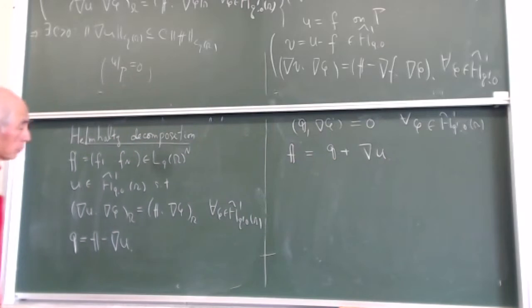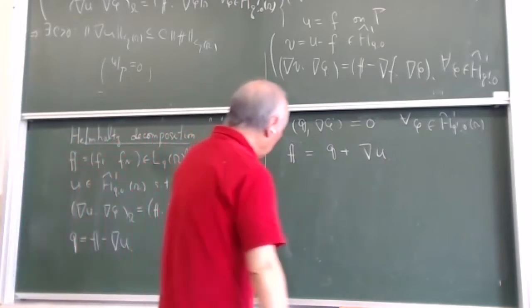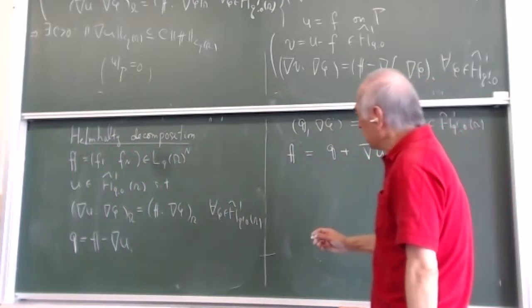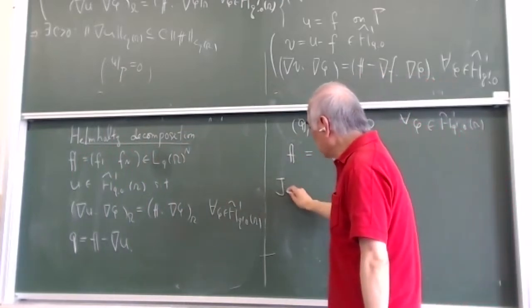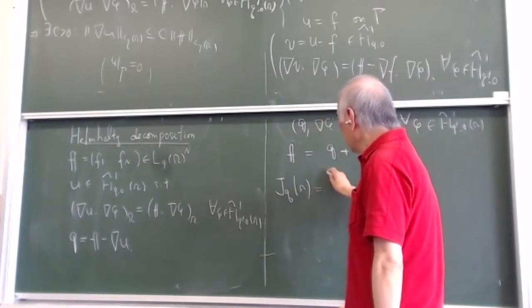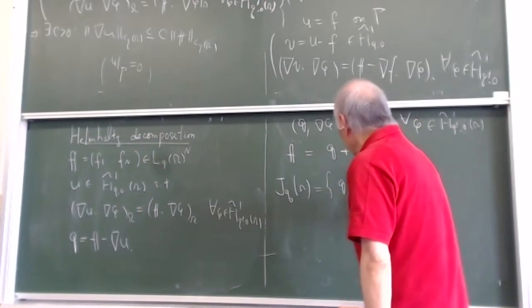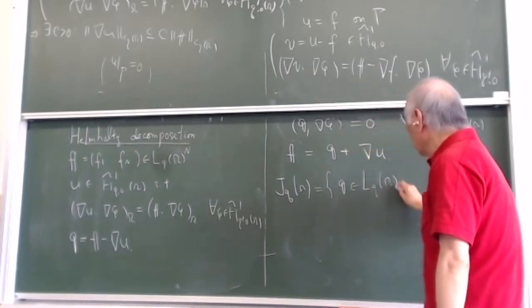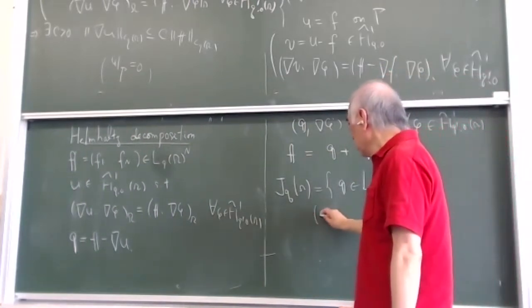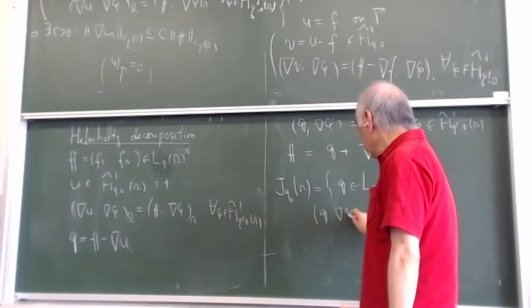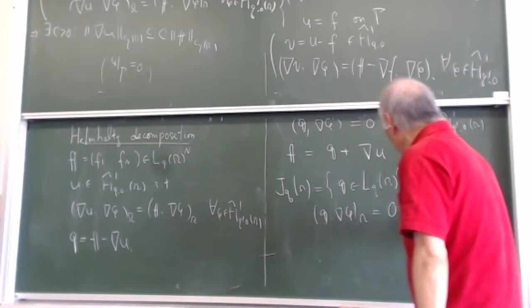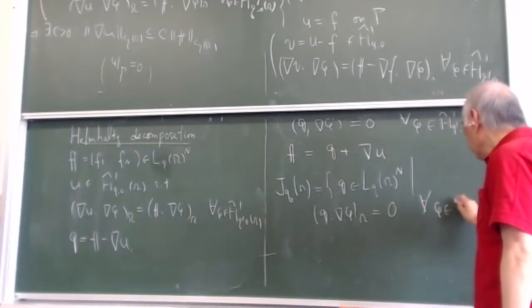It's a bit trivial. So now we introduce a space, the solenoidal space. G is the subspace of L^q, which satisfies this.